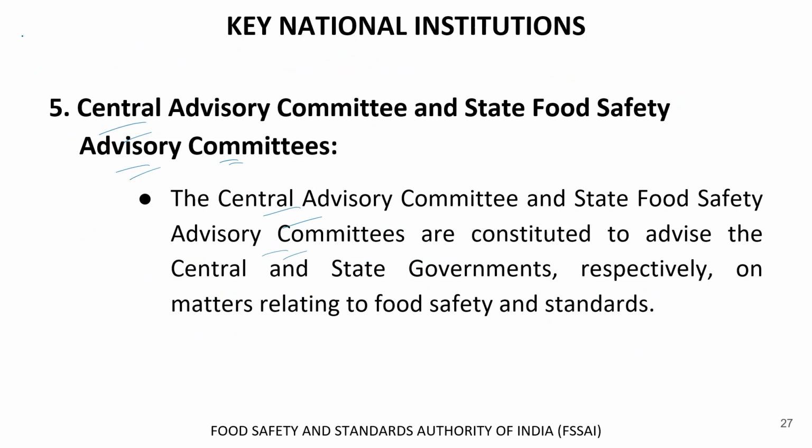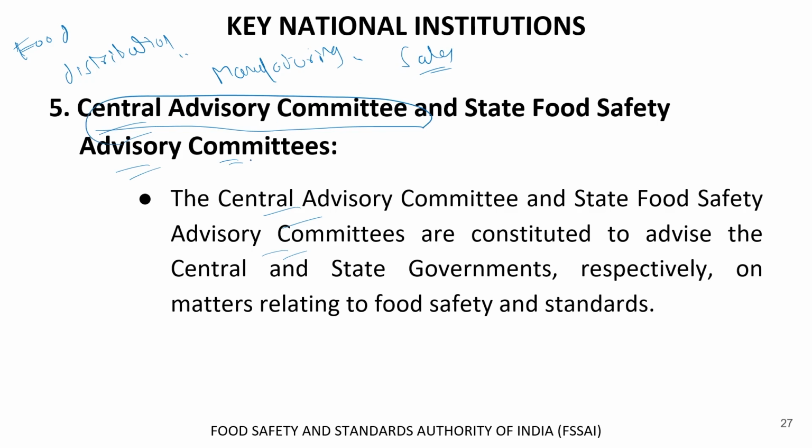But food distribution channels, their manufacturing, their sales, and all these things which are being controlled by the FSSAI, all these areas are basically handled by the Central Advisory Committee at the center level, and the State Food Safety Advisory Committee at the state level.